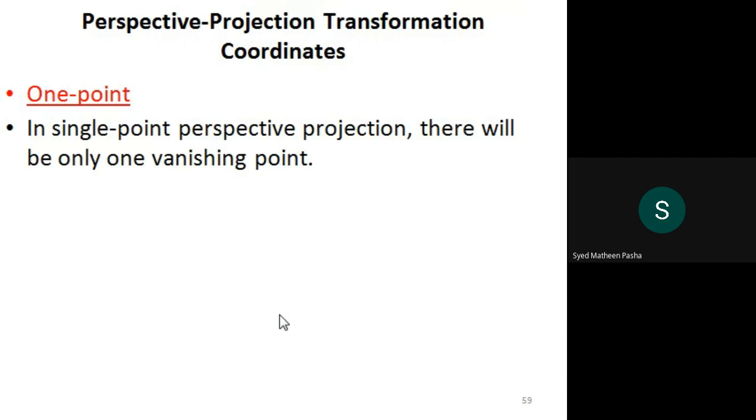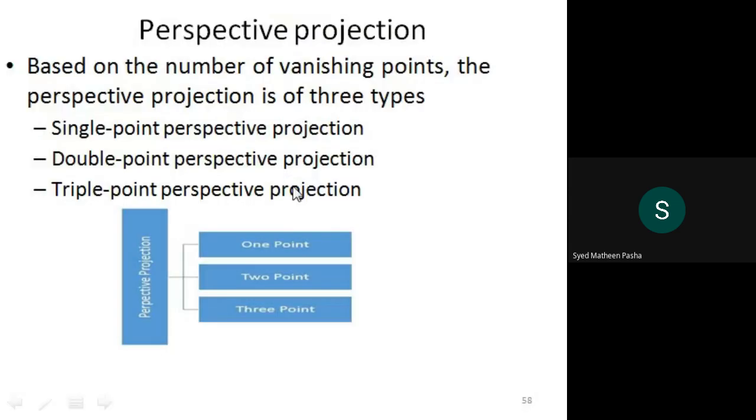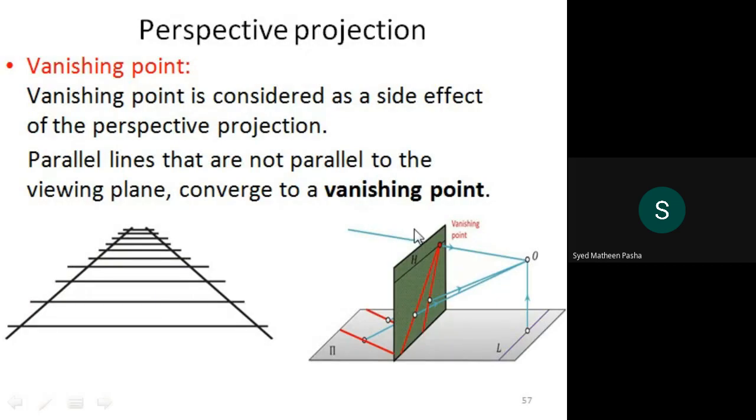First is 1 point. What happens in 1 point? In single point perspective projection, there will be only one vanishing point. That is an example of this. I can call this a 1 point projection, where the vanishing point is 1, defined with respect to perspective projection. In this example, I cannot tell the number of vanishing points here, right?